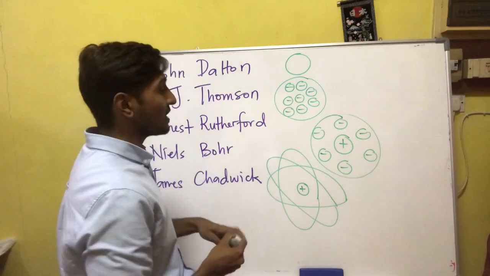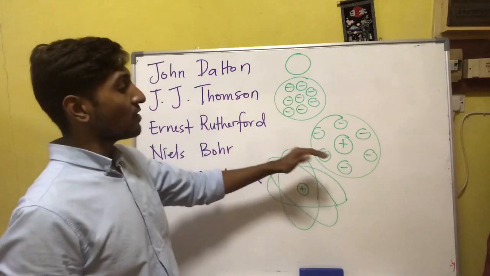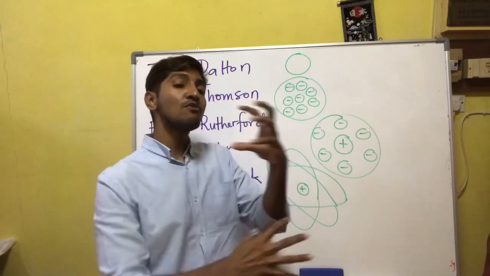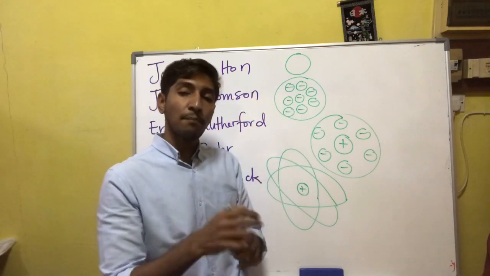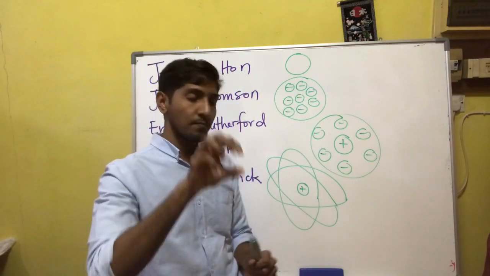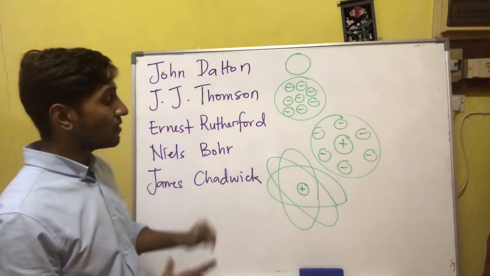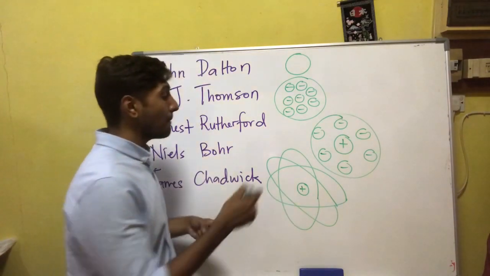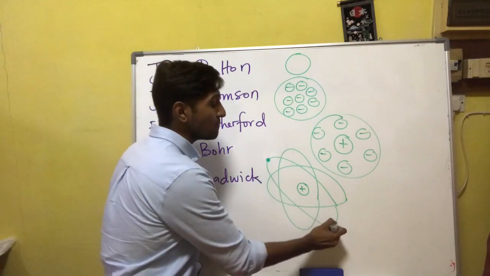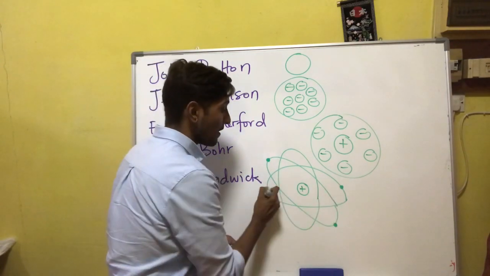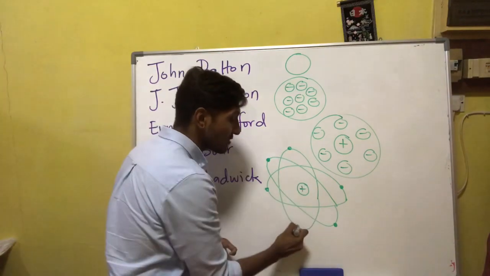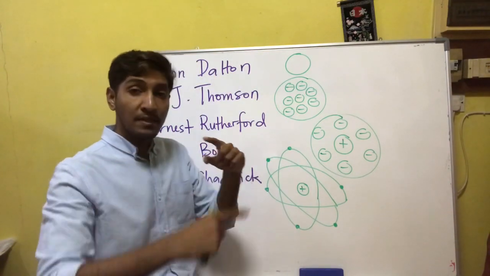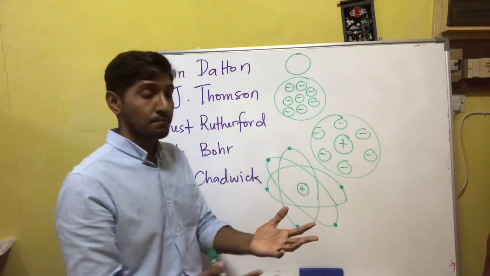So Rutherford said that the electrons, the negative charge, are moving around and a positive charge is right in the middle, while Niels Bohr discovered that the negatively charged electrons move in a very uniform orbital motion.